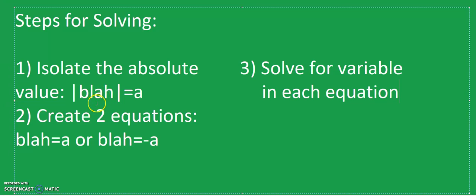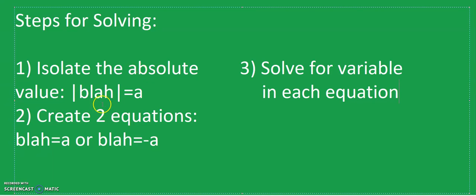It doesn't matter. I need the absolute value on one side and a number on the other. Once I do that, I can go on to step 2, create two equations. That's going to give me that blah equals positive a or blah equals negative a. Again, it doesn't matter what blah is. Lastly, I'm going to solve for the variable in each equation.